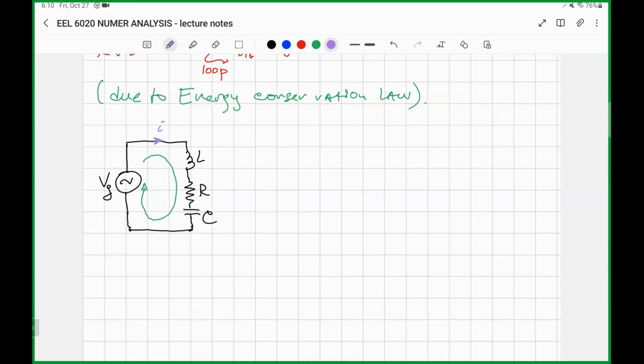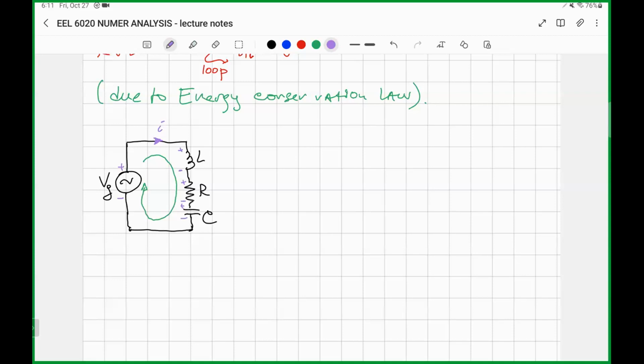And I also have to set the plus and minus ends of every element in this loop. So I do it like this: plus minus, plus minus, plus minus, and finally I can also assign plus and minus here.